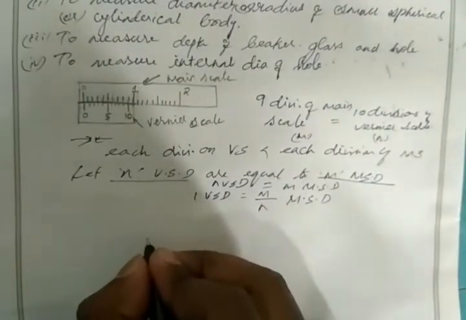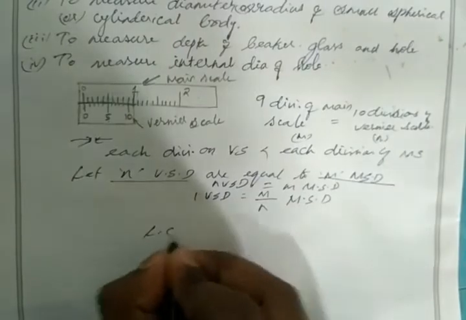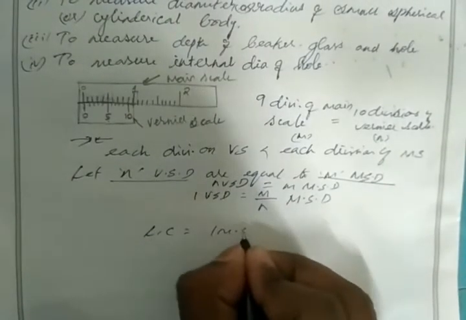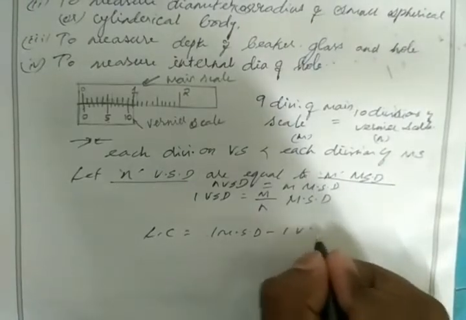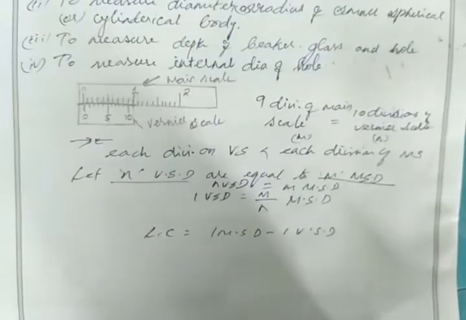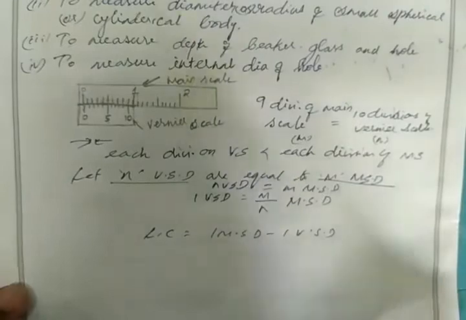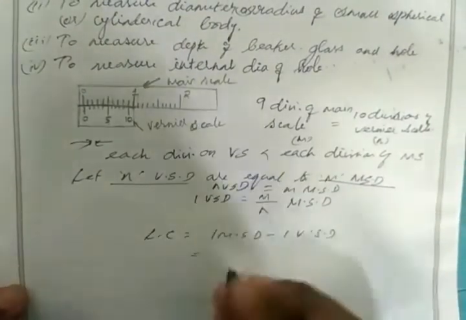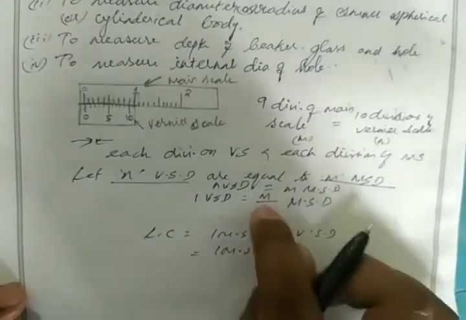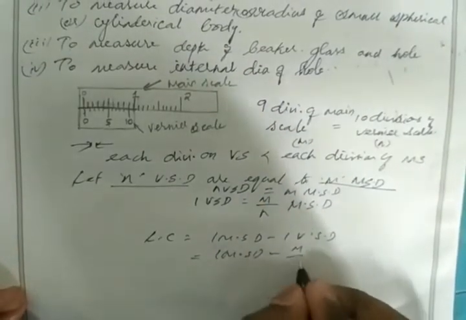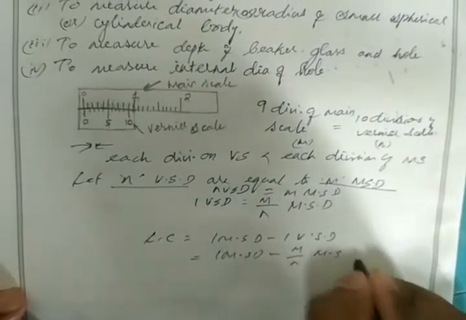So what will be the least count? Least count will be 1 MSD, 1 main scale division, minus 1 VSD, 1 vernier scale division. Substituting the value of 1 VSD, I write 1 MSD minus M by N MSD.